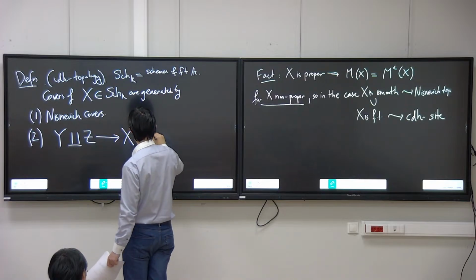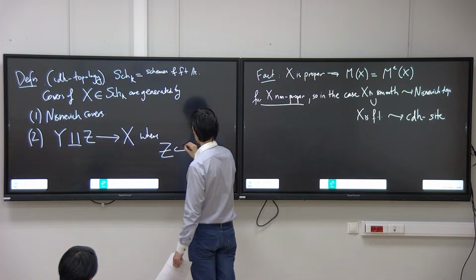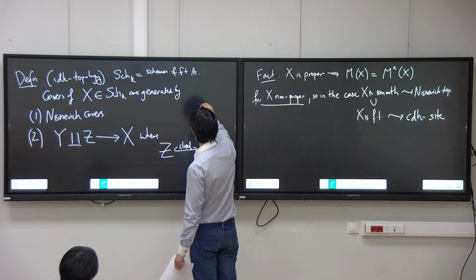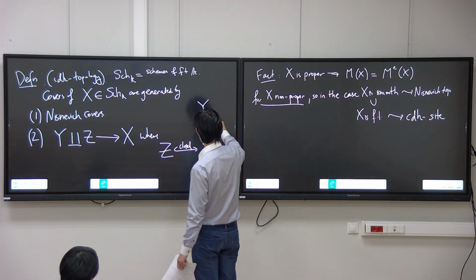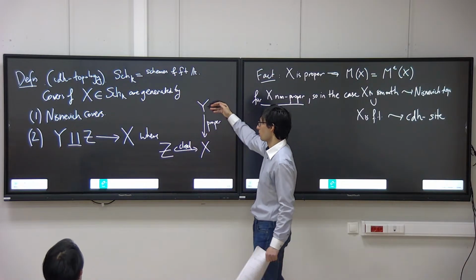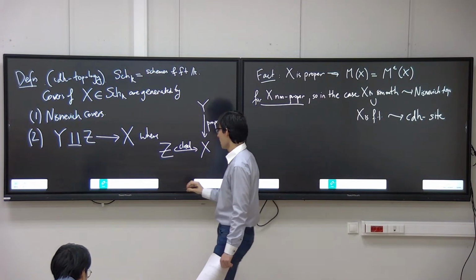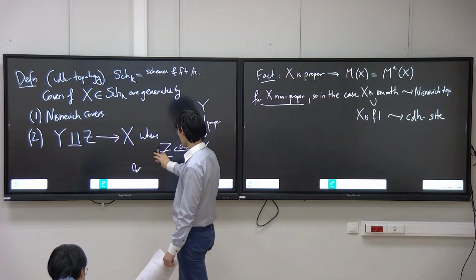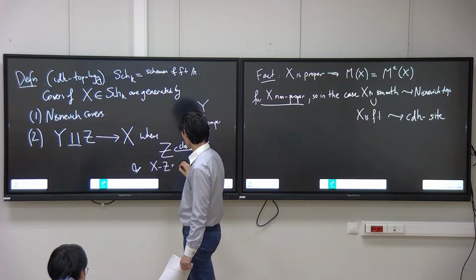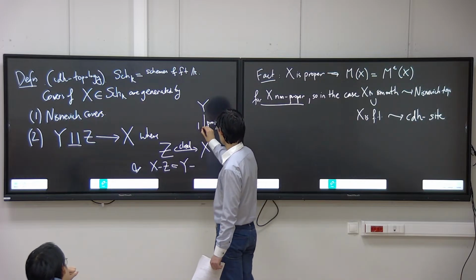where Z is closed inside X, and Y sits above it, with the map proper. So this looks like the beginnings of a blow-up square, except this is not at all a blow-up. It's just some kind of formal blow-up in the sense that we just ask for proper and closed, and that away from the closed locus, X minus Z is isomorphic to Y minus p inverse of Z, calling this map p.